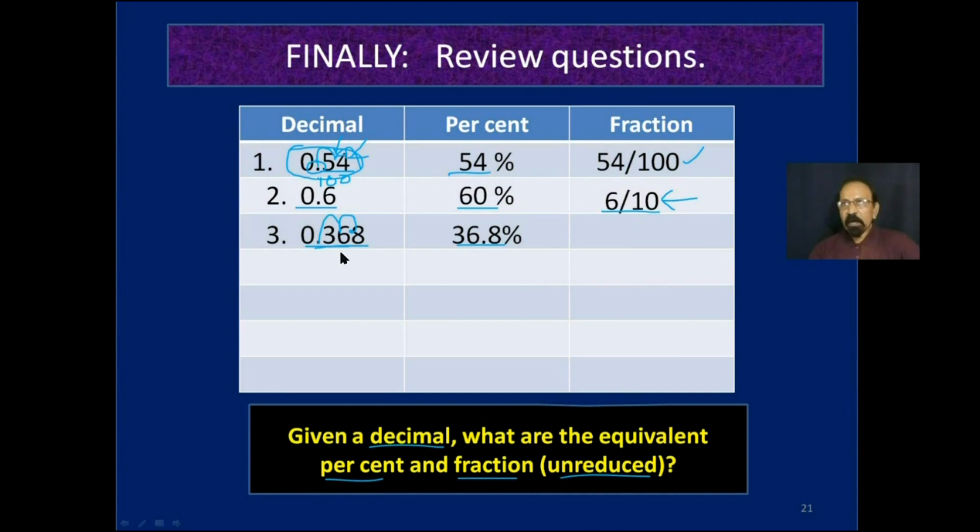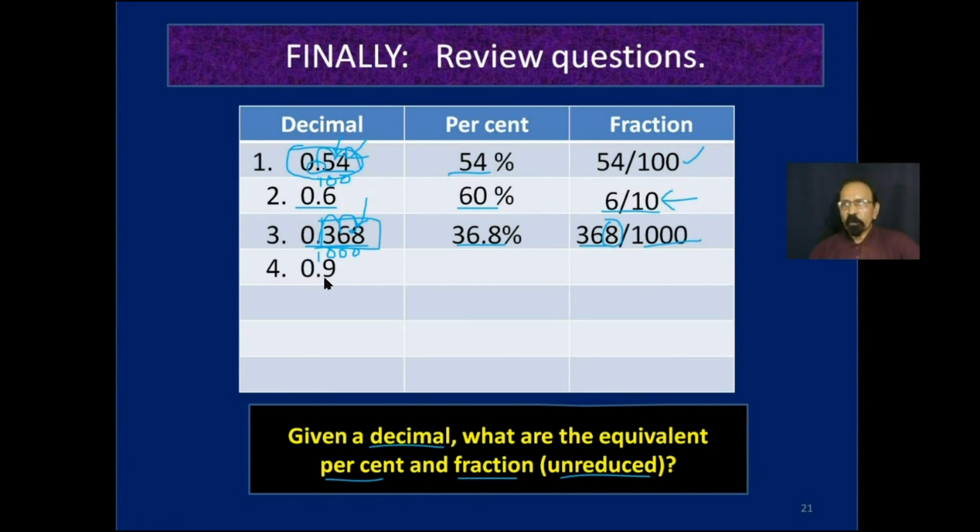You will write back the 368 over, you will replace that point with a 1, and then we will have to add as many zeros as we have digits there. Or you could say 368 over this position here is the 1000th position. So it's 368 over 1000. This 8 is in the 1000th position.